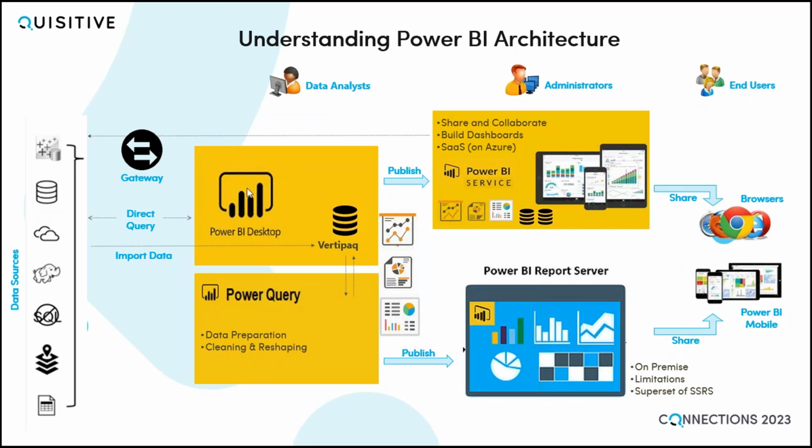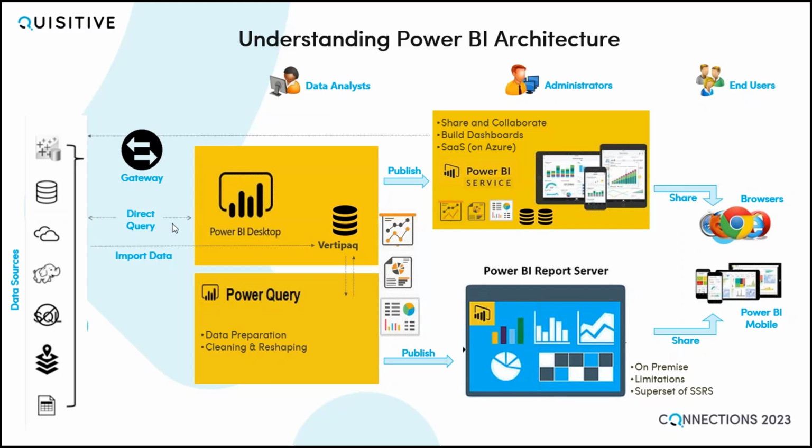Here is where you can download Power BI Desktop freely and connect to any one of these data sources, inclusive of many others: SQL, Hadoop, text, CSV, you name it, you can connect to it. Normally this is done through direct query. Direct query is basically just connecting directly to your data, and it shows the current data as it is.